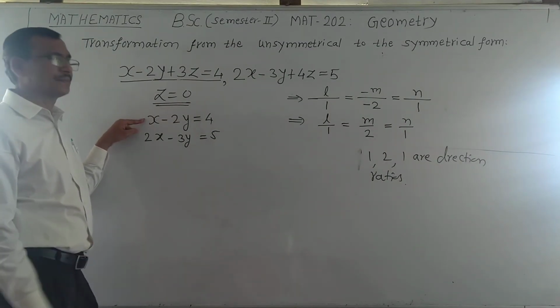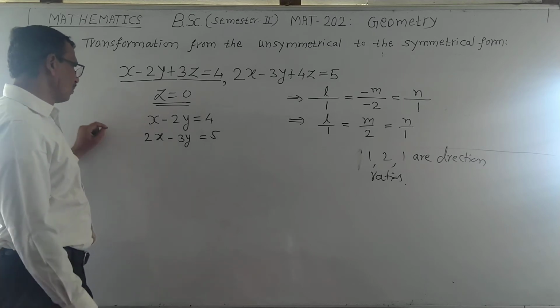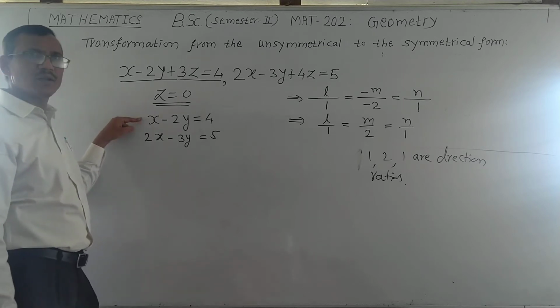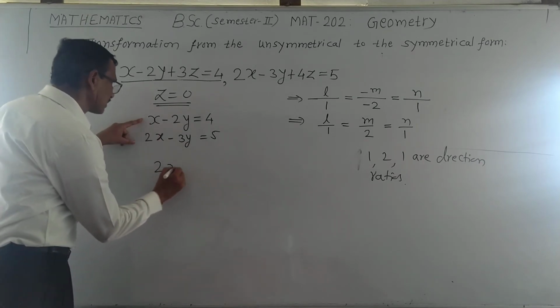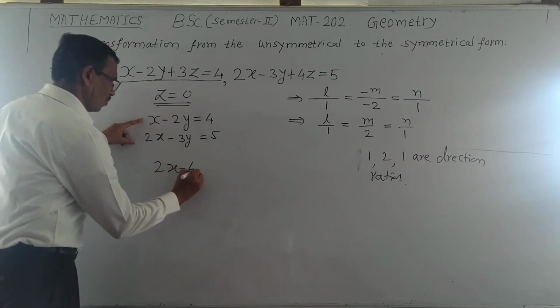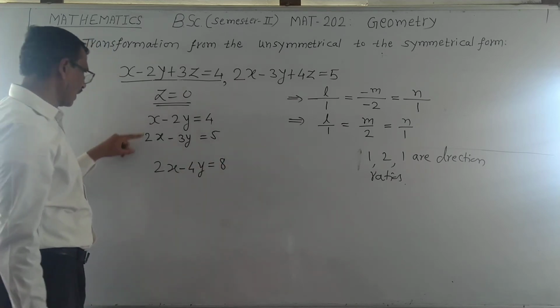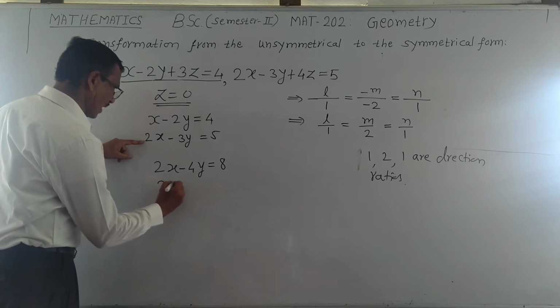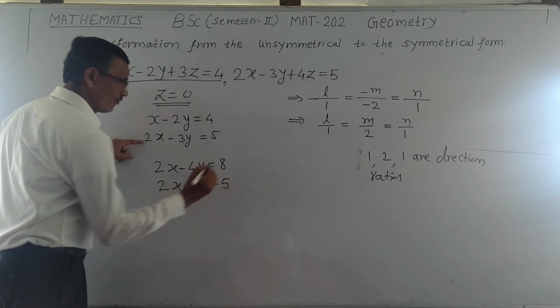To eliminate x from this, we multiply the first equation by 2, and then the first equation becomes 2x minus 4y equals 8, and the second equation as it is, 2x minus 3y equals 5.